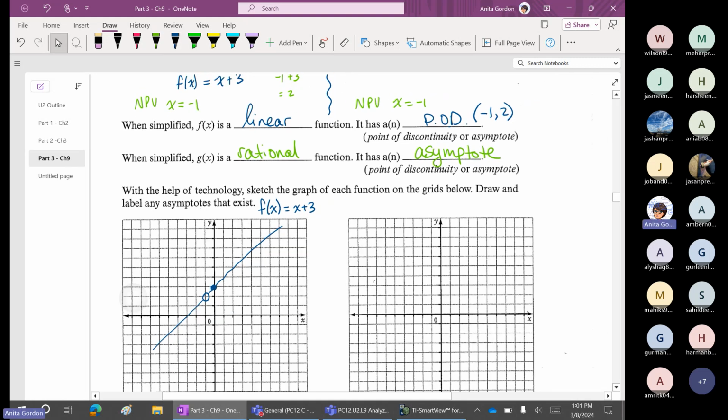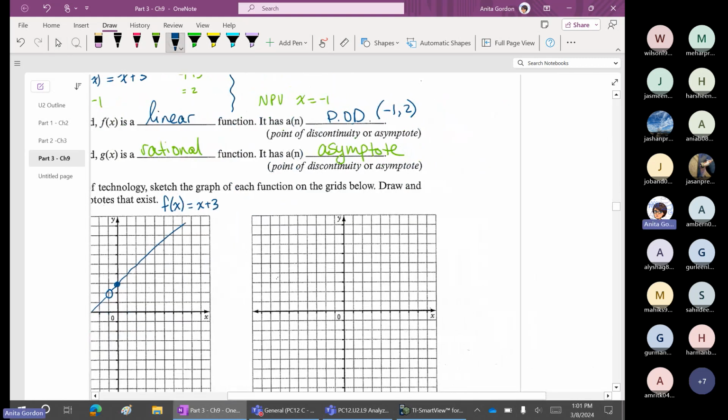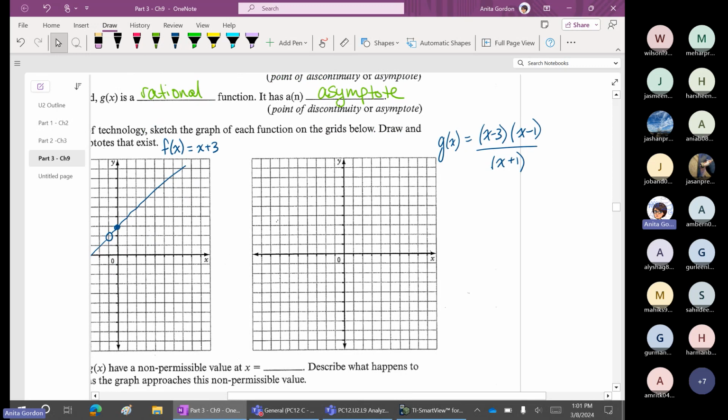For g of x, we cannot graph this one just by looking at it because it is a quadratic in the top, and we have only had practice graphing linear polynomials in the top and bottom. In this question, we know where the vertical asymptote is.